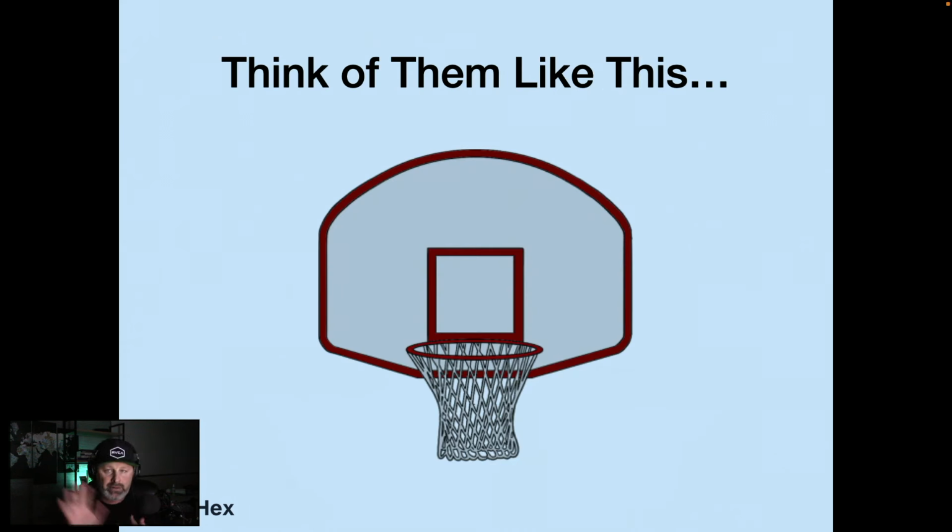Now here's a quick analogy that I hope will make these things set in really well. Imagine the way you look at your prospects and the hook that you're going to write like a basketball hoop. The backdrop: what happens if you throw a ball in these areas of the backdrop? Nothing. You ain't going to make that hoop.